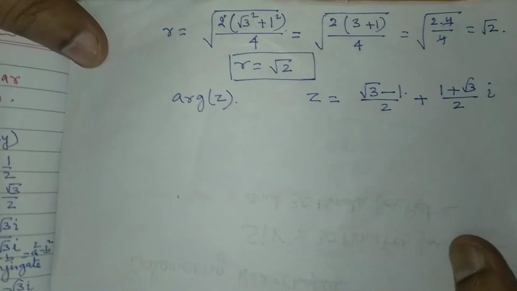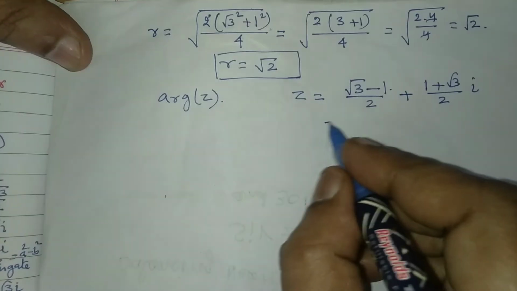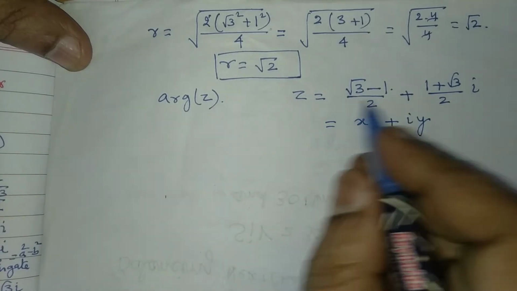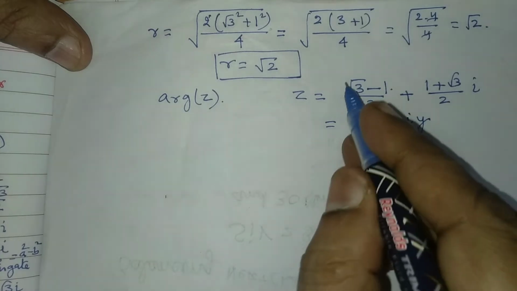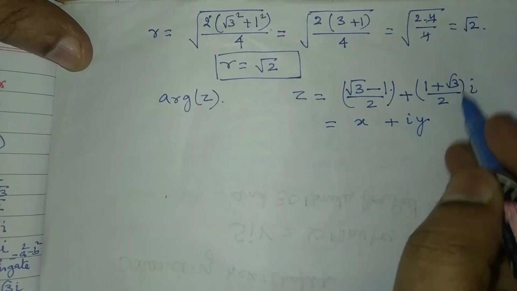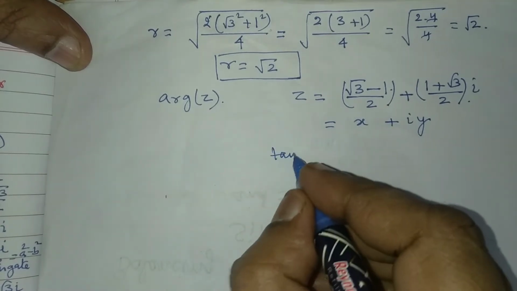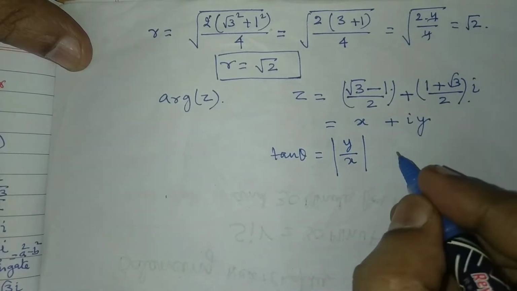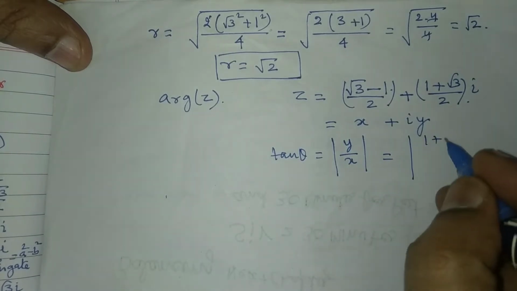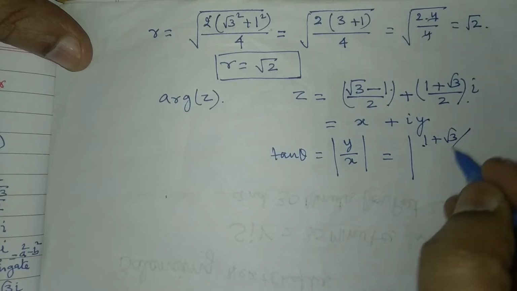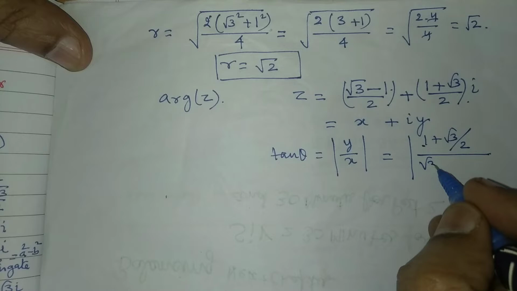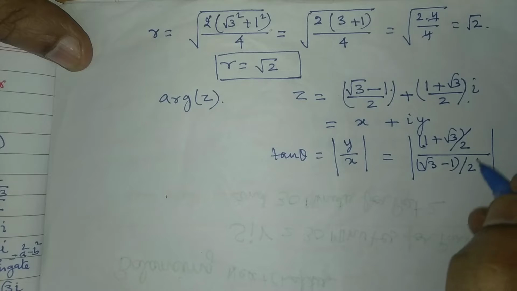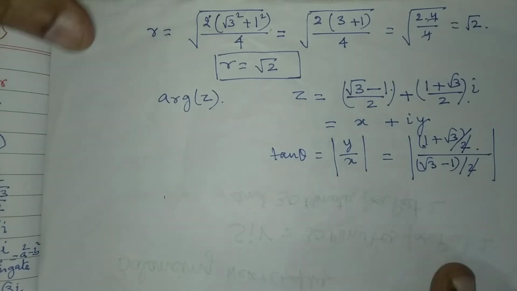So here, comparing x and y, I have already written, x is equal to this and y is equal to this. So therefore tan theta is equal to the modulus of y by x. So y is equal to (1 plus root 3) divided by 2, and x is (root 3 minus 1) divided by 2, and then the denominator will cancel out.